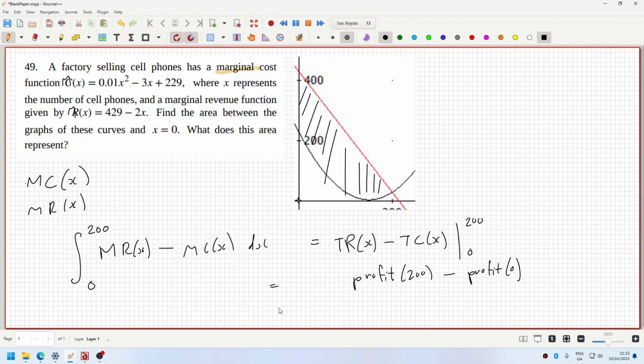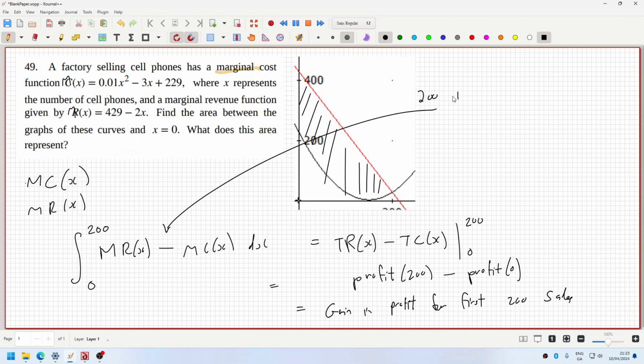The gain in profit for the first 200 sales. That's one. I guess I could say that. Gain in profit for the first 200 sales. Another way to think about this is the 200 times 1 over 200 integration from 0 to 200.